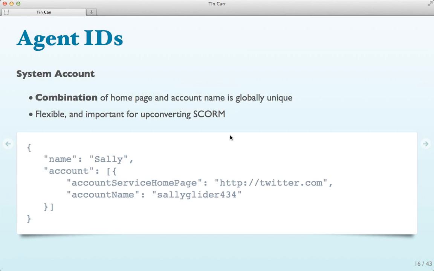For those who are concerned about privacy, this is a way that you can identify someone without it being obvious to everyone who they are, particularly if you have some sort of identity provider that will provide account names that are not immediately tied to a user easily.